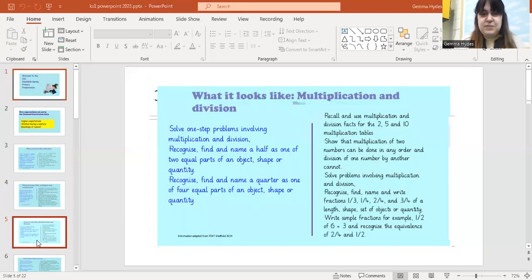Then we move on to multiplication and division. So in year 1, they know the words multiplication and division through lots of groups and sharing. But in year 2, we really build upon that. So we start our times tables in year 2. They only need to know their 2s, 5s and 10s. But also they should be able to times different numbers together.